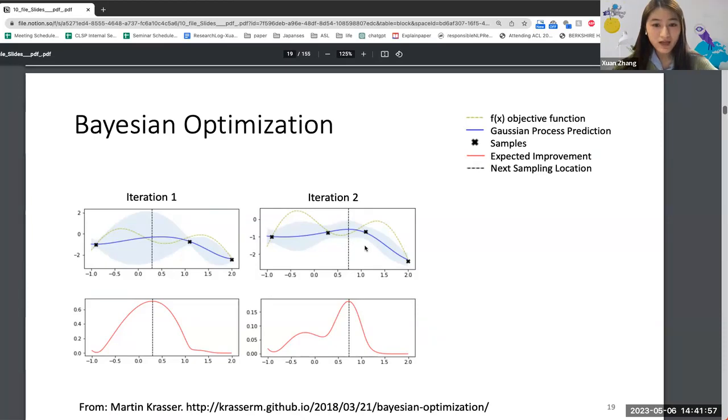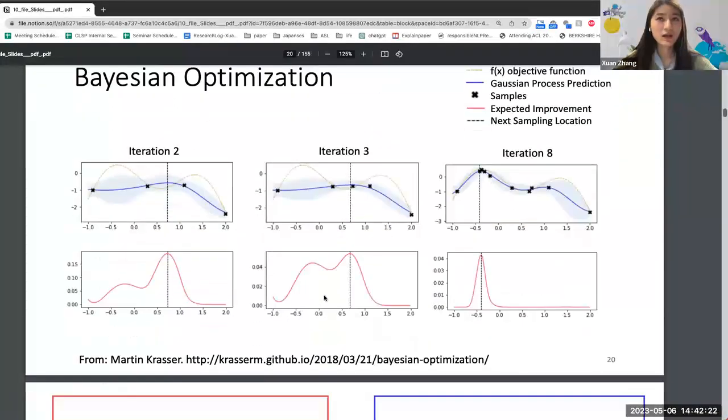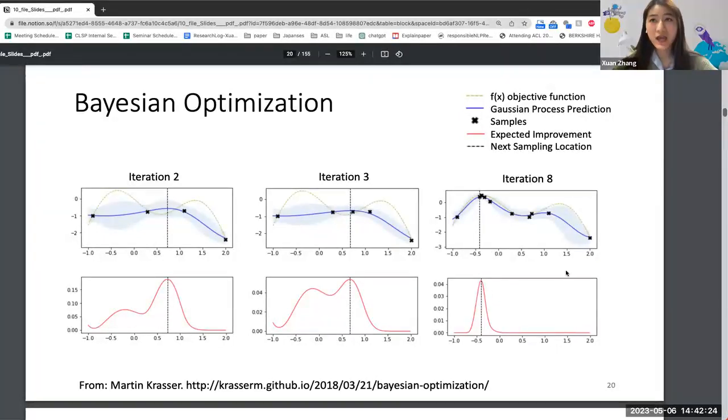And at iteration 2, the uncertainty for all points decreases as addition of 1 point provides more information. The performance estimation also changes, and we choose 0.7 for the next evaluation. And finally, after 8 iterations, we end our run and return negative 0.4 here as a global optimal point.